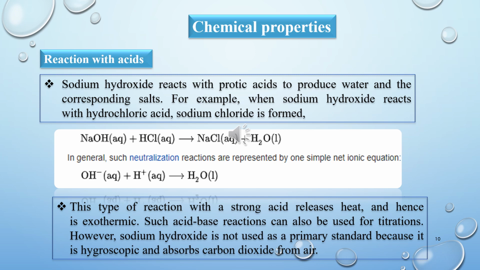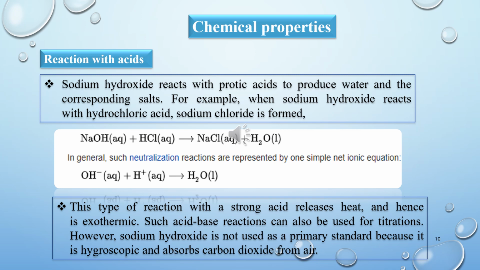So first of all, the reaction of sodium hydroxide with acids. Sodium hydroxide reacts with protic acids to produce water and the corresponding salts. For example, when sodium hydroxide reacts with hydrochloric acid, sodium chloride is formed.